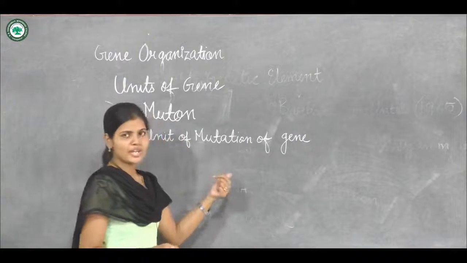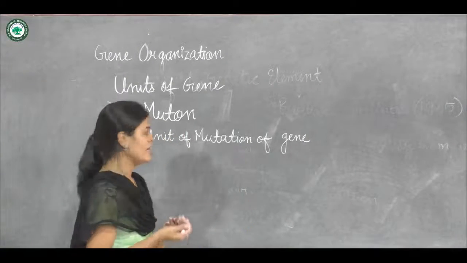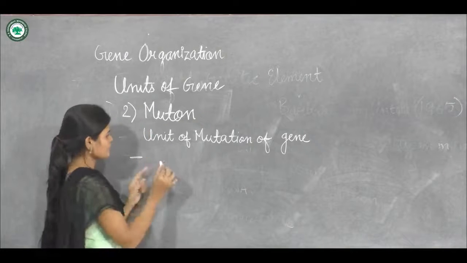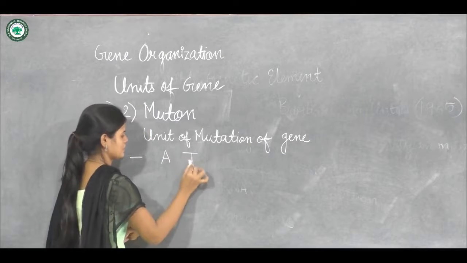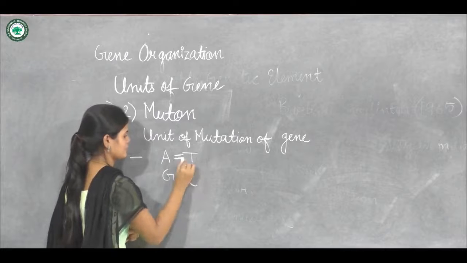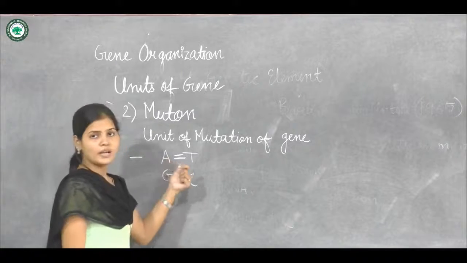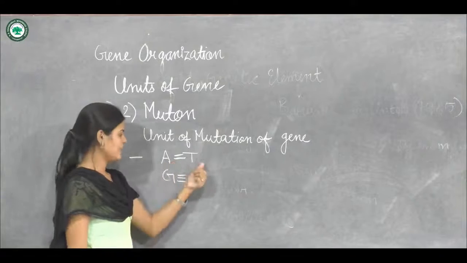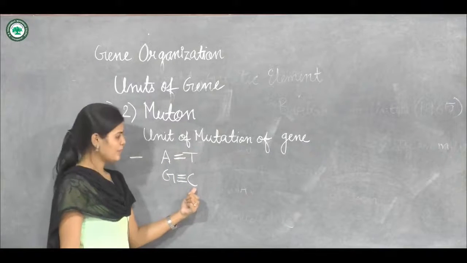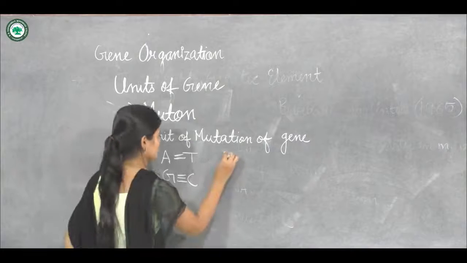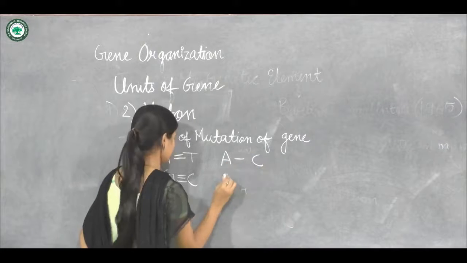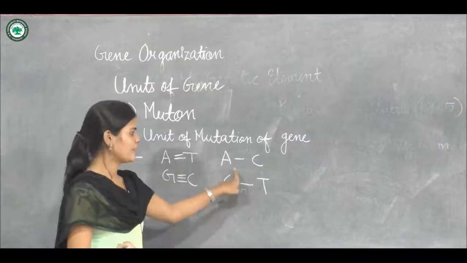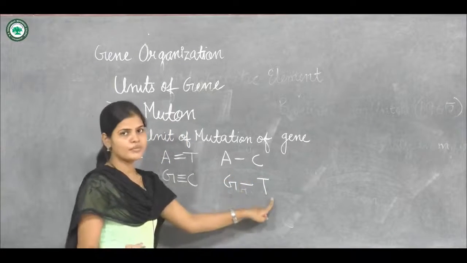And what is mutation? Mutation is an abnormal change in the gene. Suppose A will pair with T and G will pair with C. But suppose this pairing occurs, that is A will pair with C and G with T.